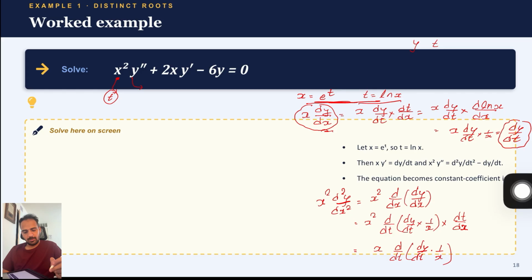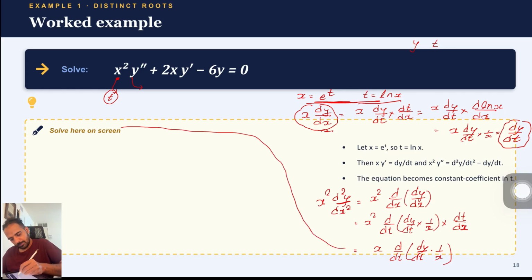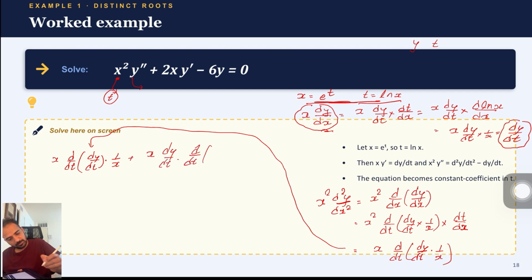Okay, let me do everything here. If you use the product rule and try to get the solution, you will have d over dt of dy over dt times 1 over x, plus x times dy over dt, and the next will be d over dt, but this time of 1 over x, and your x is nothing but exponential t.